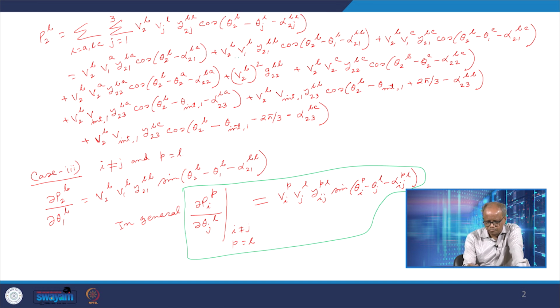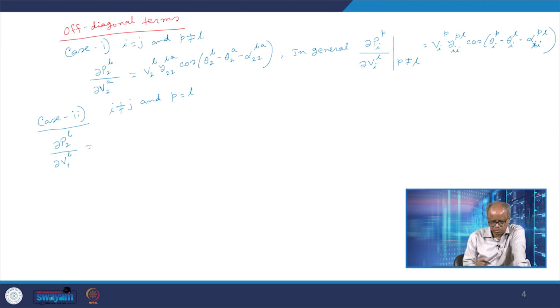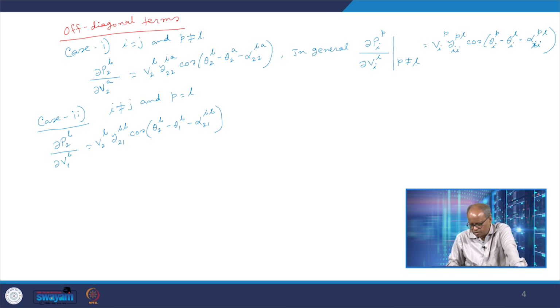So I have V2B, Y21BB cosine theta2B minus theta1B minus alpha21BB, right? Alpha21BB.